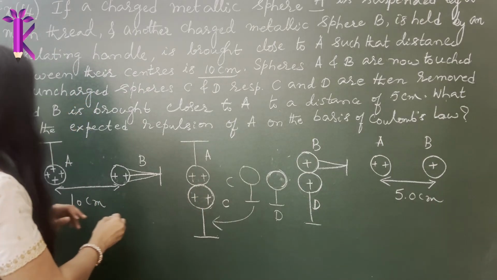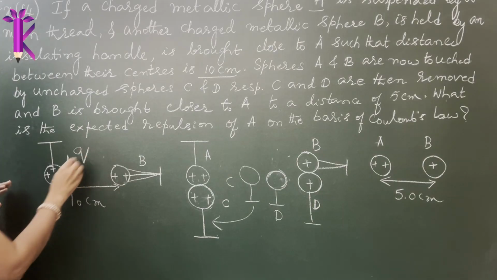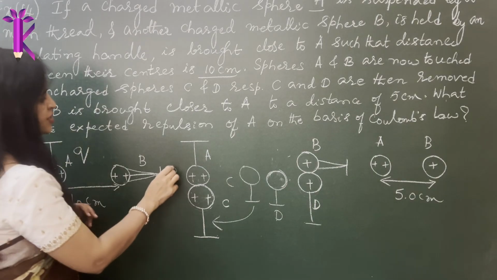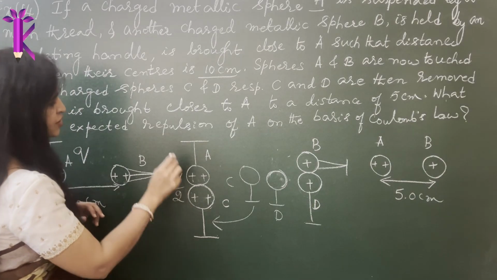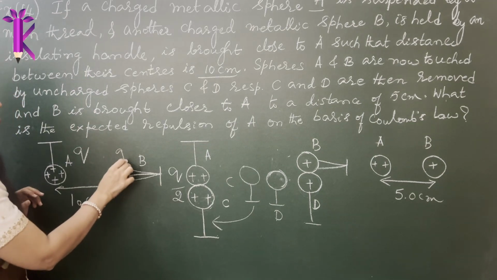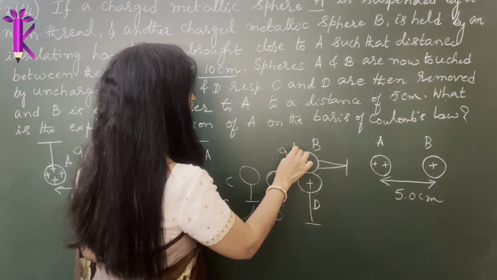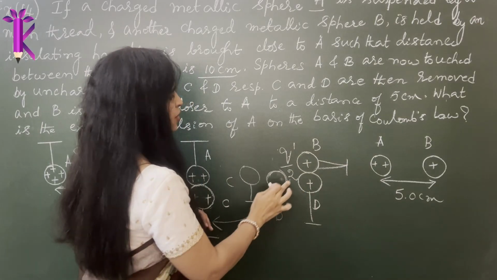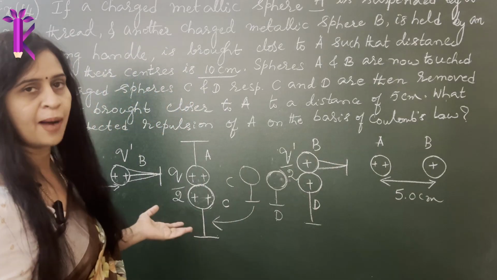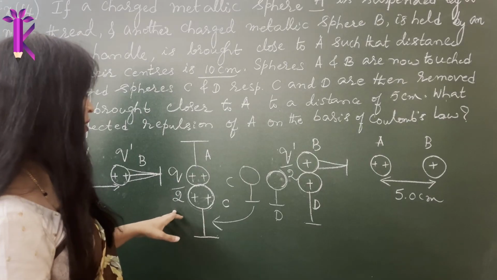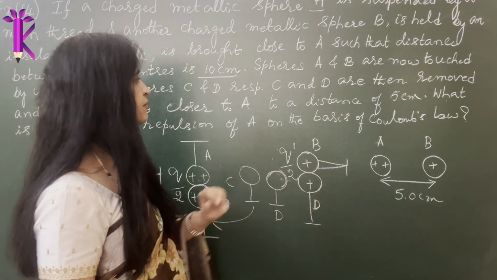So if the charge on A was Q, now the charge on A is halved, which is Q by 2. Initially if the charge on B was Q dash, after touching D, it has been halved. It has been redistributed to Q dash by 2 upon bringing it in contact with D.